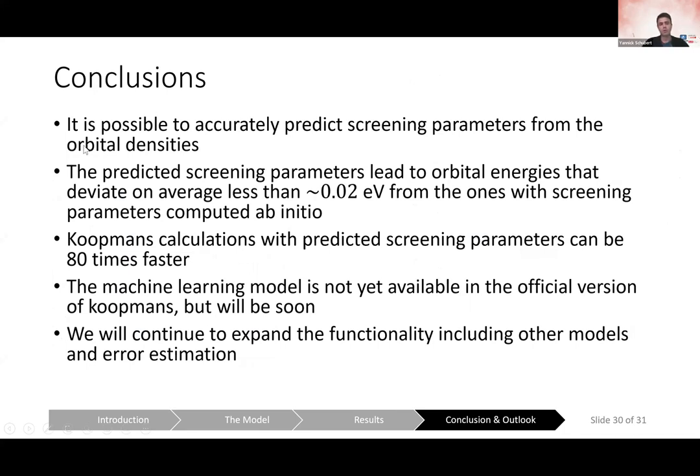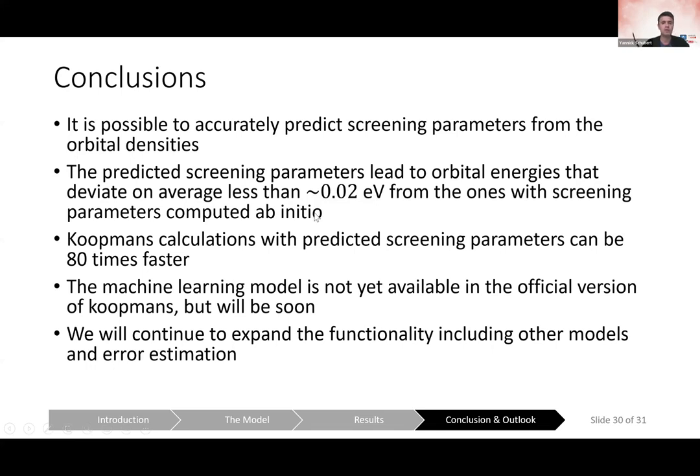So to conclude, what this project showed was that it is possible to accurately predict the screening parameters directly and only from the orbital densities. We also showed that already very few training data is sufficient to predict the screening parameters to such accuracy that the orbital energies deviate less than 0.02 electron volts on average from the ones with the screening parameters computed ab initio.